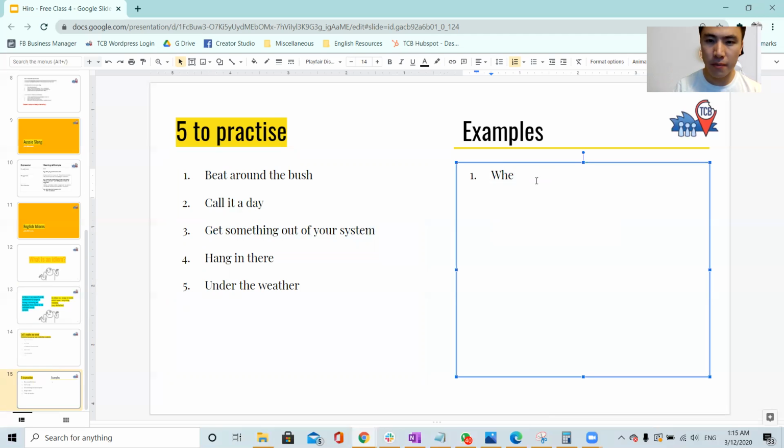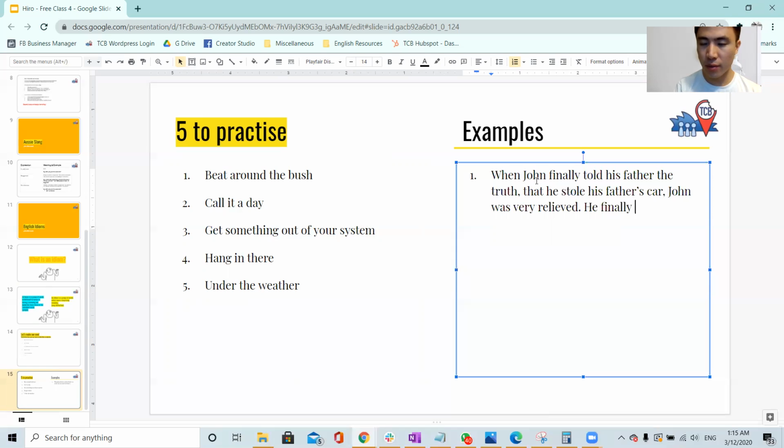When John finally told his father the truth that he stole his father's car, John was very relieved.